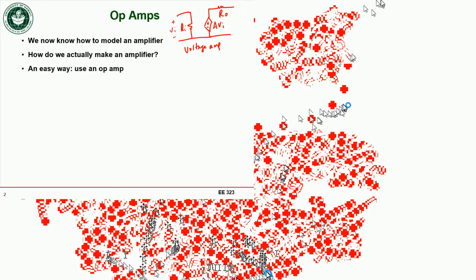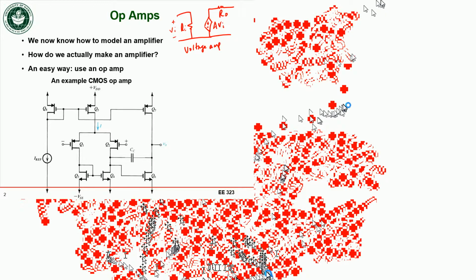Okay, so the easiest way to realize something like a voltage amplifier is to use an op-amp. This is what's inside of a typical CMOS op-amp. You probably don't know what CMOS stands for yet because I haven't gone over it, but it's the technology used to make these transistors. I haven't gone over transistors yet, so you don't know what these symbols mean either.